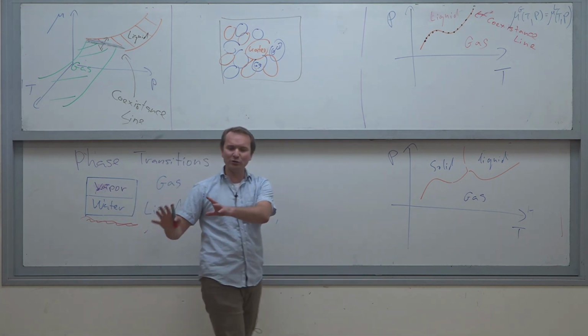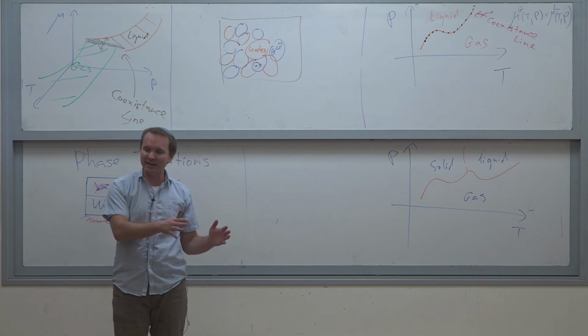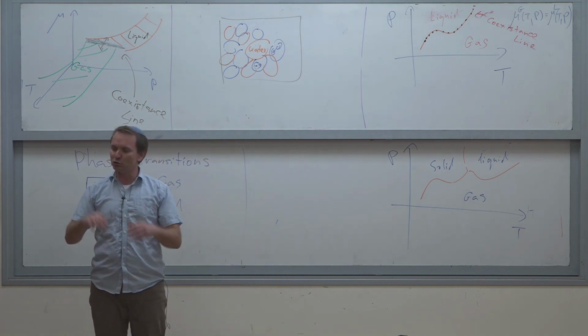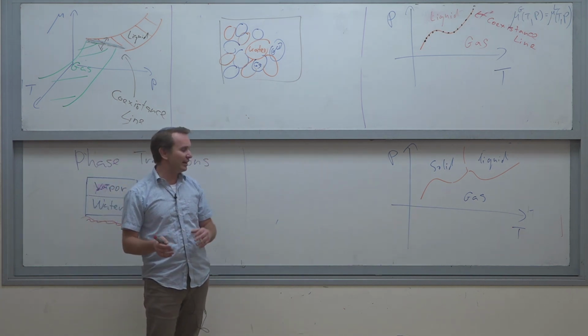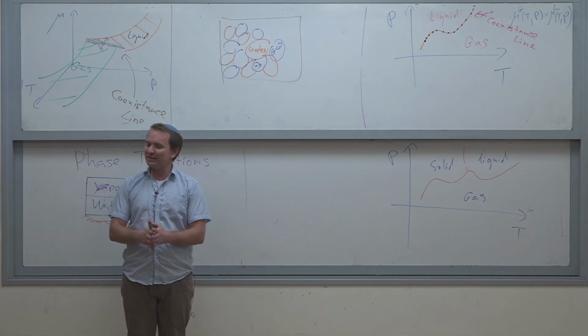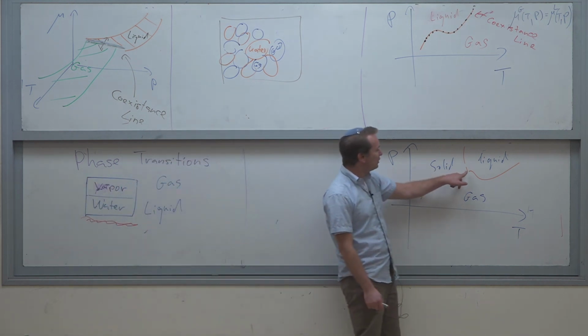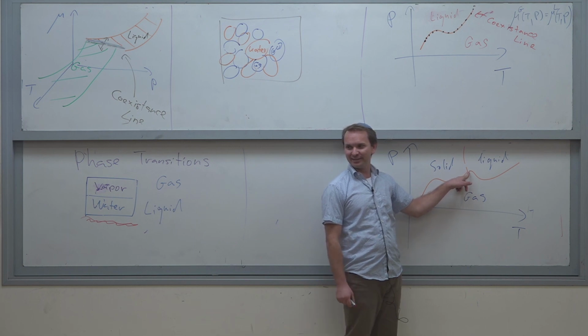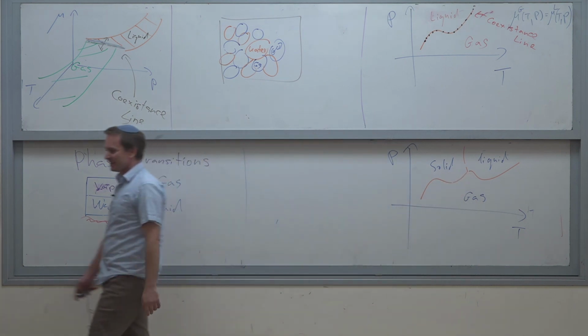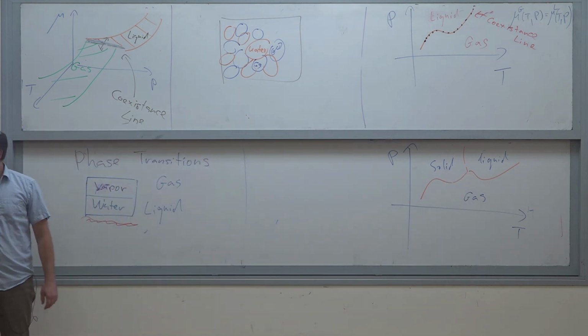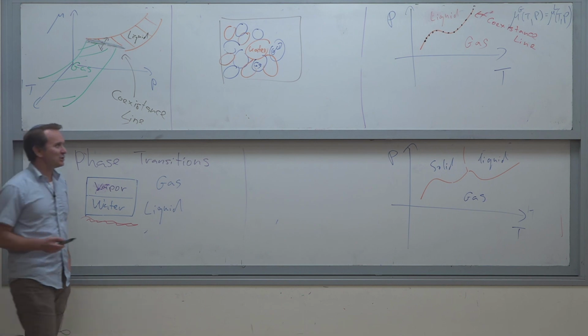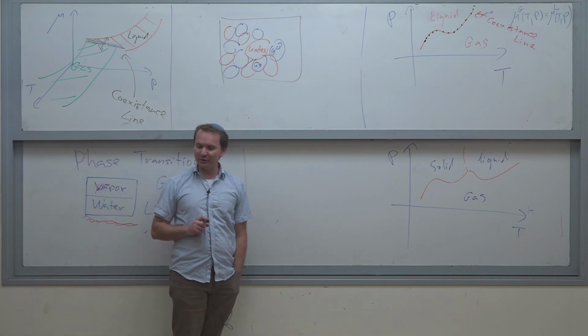So your argument: you have a coexistence line between solid and gas, you should have a coexistence line between liquid and gas, and the two of those lines can cross only in one point. So there is no question. How do I know it?